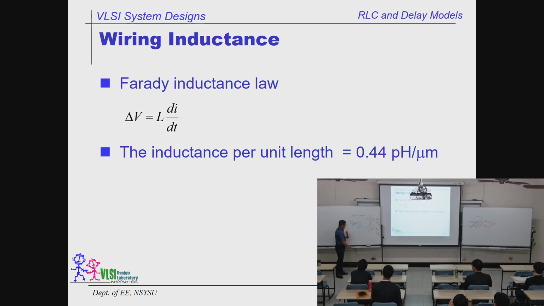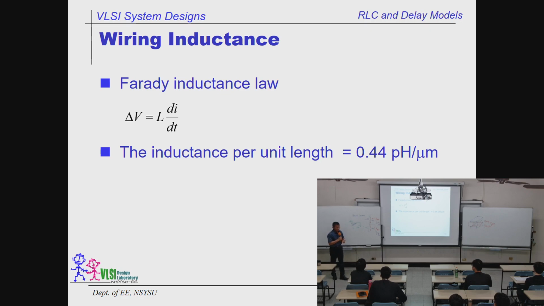When there is a current change, based on the equation, no matter whether it becomes large or small, it's fluctuating, and there is a voltage drop or voltage variation created by this phenomenon.